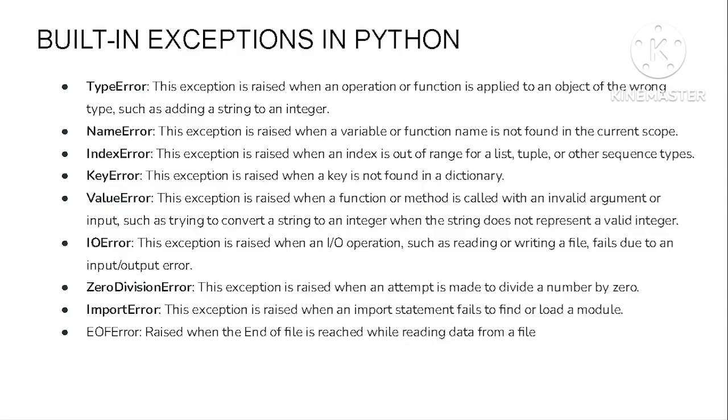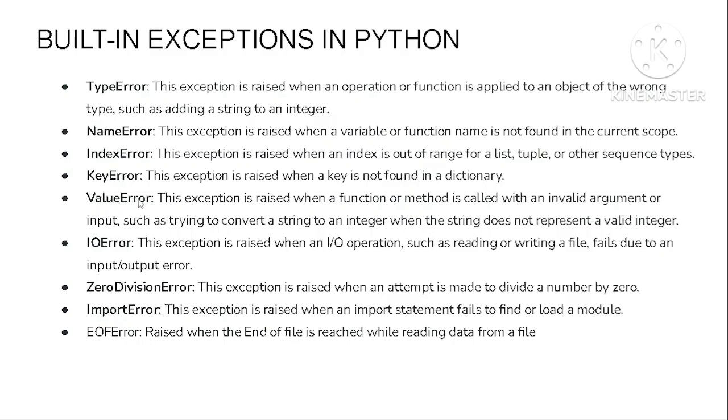Now these are some exceptions. If you notice, the case should be noticed: TypeError, with the T and E in capitals. So the names you should be familiar with so that they can be handled. TypeError, NameError, when you give an incorrect name for a variable or a function. Then IndexError, when an index number of a list or a tuple doesn't exist. KeyError relates to a dictionary.